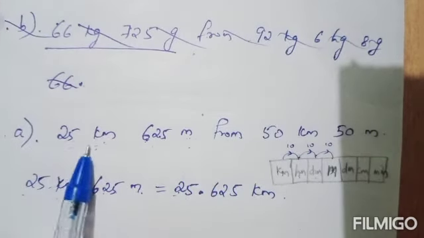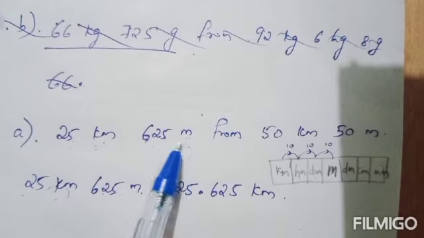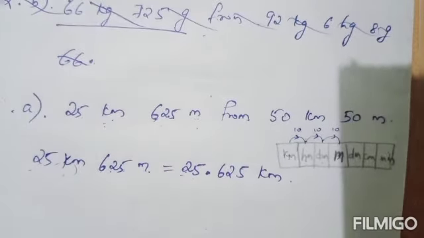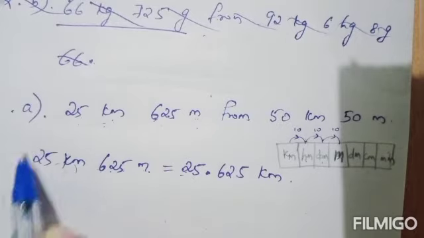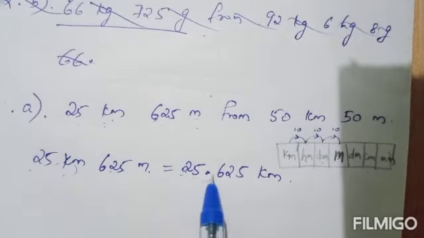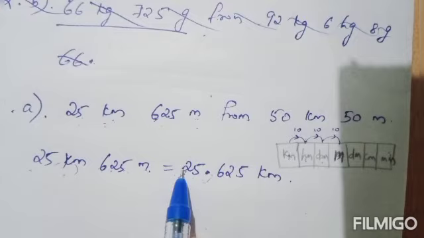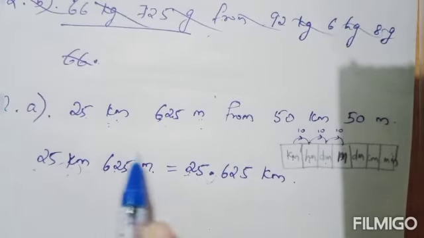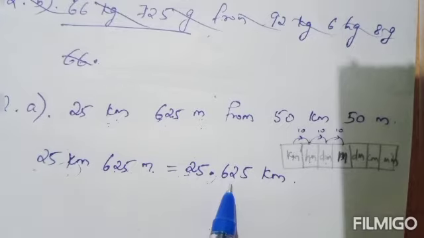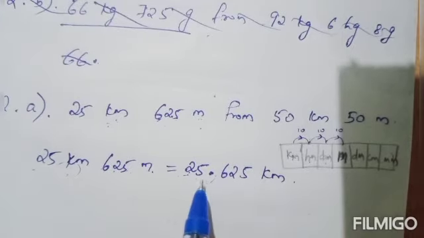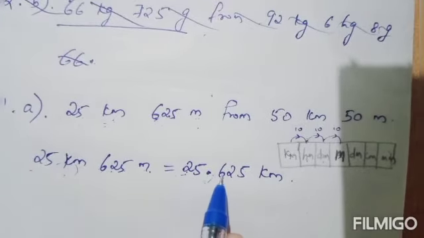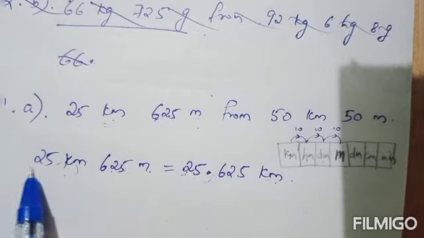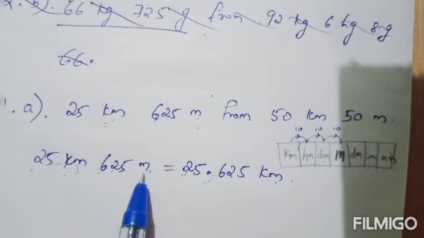So 25 kilometer, 625 meter, how will you express in decimal notation? This kilometer you can write before decimal point. Okay, so 25 point. Now this meter, 625 meter, you can write after decimal point. Okay, so you will get 25.625 kilometer. This is the decimal notation of 25 kilometer, 625 meter.